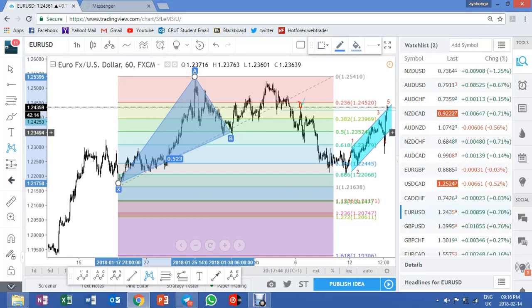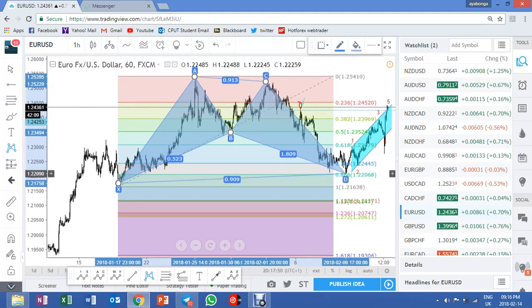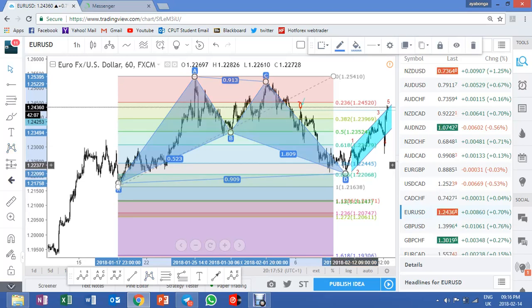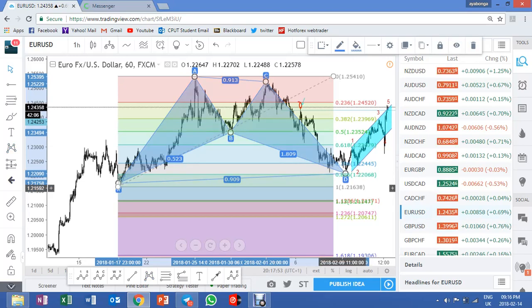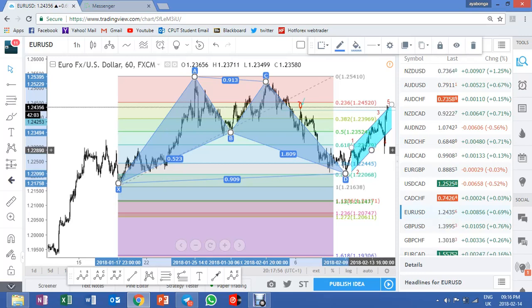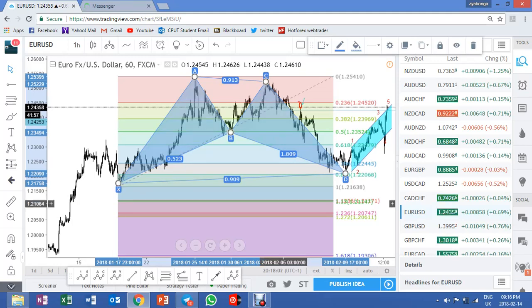This is your pattern. Like this. You see? Out here, this level. Look at where it's at now. And I applied Elliott waves also. So it's accurate, man. It's accurate.